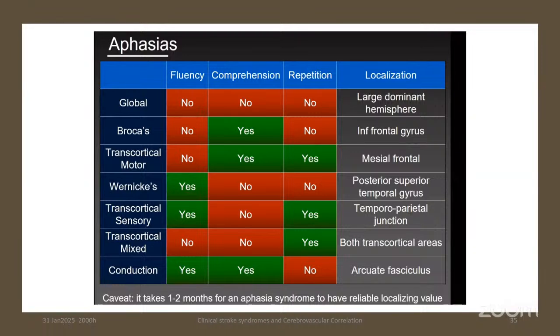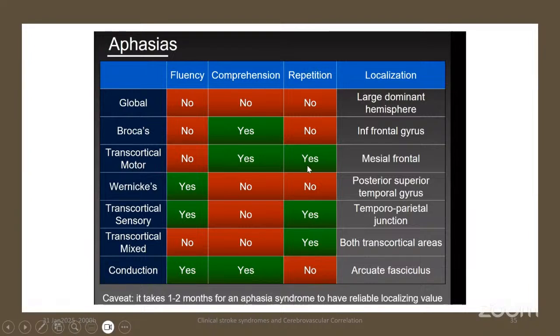In transcortical motor and transcortical sensory aphasia, repetition is preserved. In transcortical motor, fluency is down but comprehension is preserved. In transcortical sensory, fluency is okay but the words are meaningless, and comprehension is nil. So the most important test is the various grades of repetition.